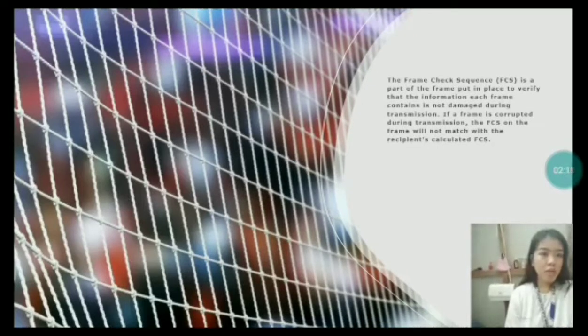The frame check sequence, or FCS, is a part of the frame in place to verify that the information each frame contains is not damaged during transmission. If a frame is corrupted during transmission, the FCS on the frame will not match the recipient's calculated FCS.